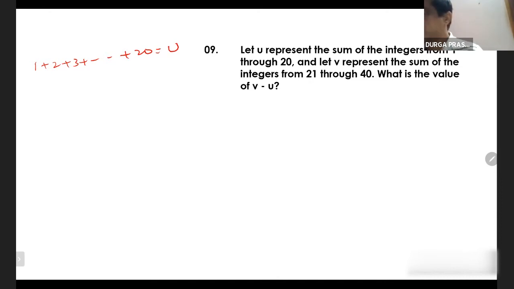And we represent the sum of integers from 21 through 40, 21 plus 22 and so on to 40, as v. So v plus u should be the sum to 40 terms, an arithmetic progression. What is the value of v minus u? So he's asking to find out v minus u.